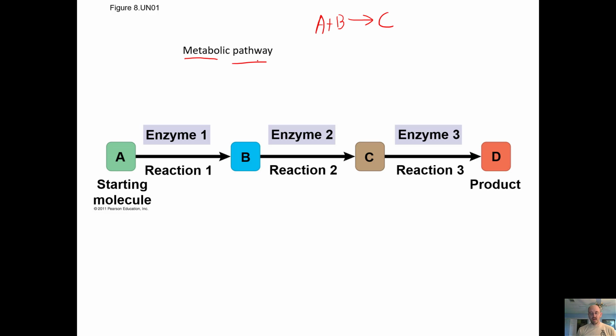And that means A and B might yield C, which then combines with something else to yield D, which combines with something else to yield E, all the way to F, right? So F might be the final product. So that's what a metabolic pathway is.